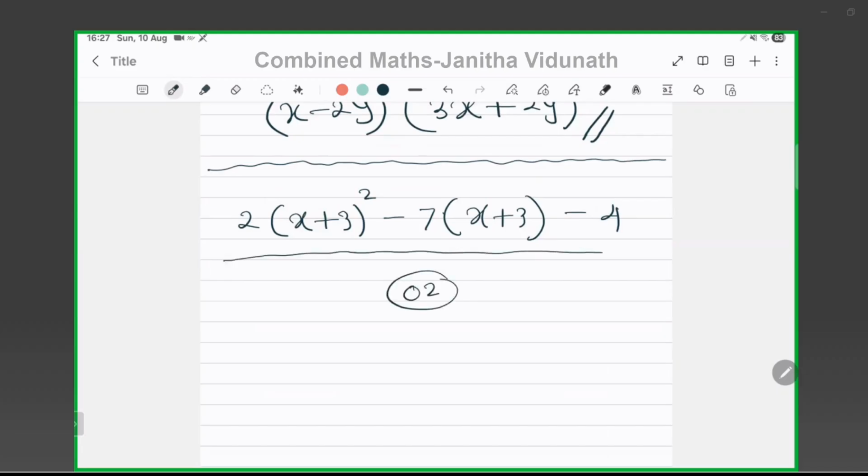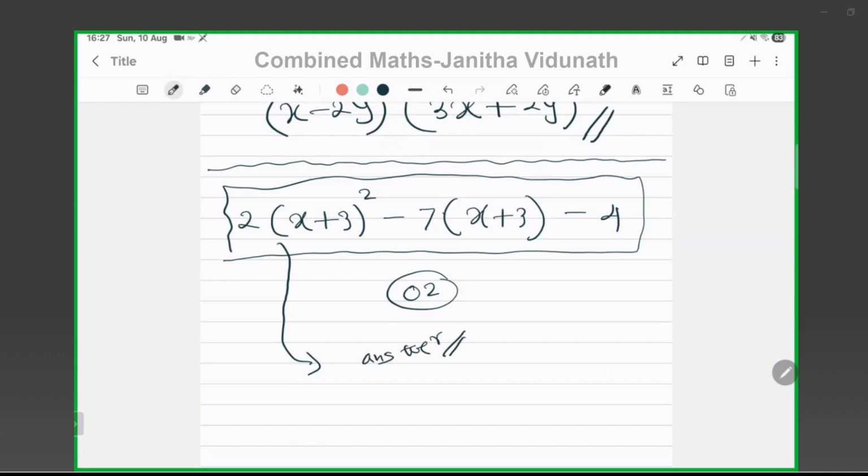Try to factorize this with your knowledge and send me the answer. 2 times x plus 3 whole square minus 7 times x plus 3 minus 4. Give me the factors of this.